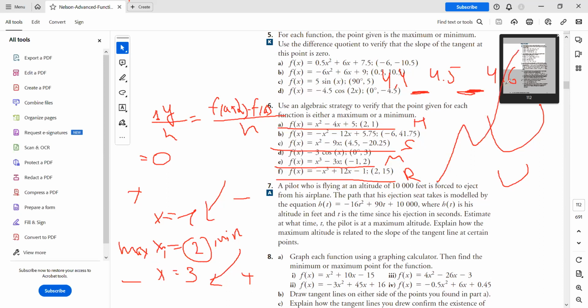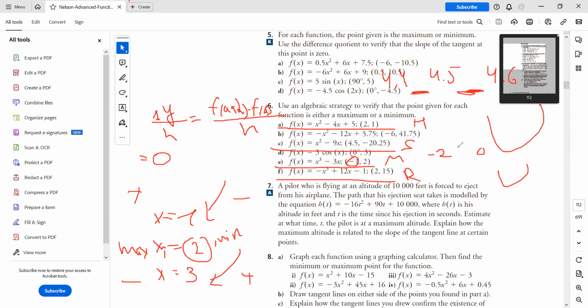So a cubic function looks like this: maximum, minimum. To check which it is, you take a point to the left of x equals -1 and a point to the right of x equals -1. For example, one point x equals -2, the other x equals 0.